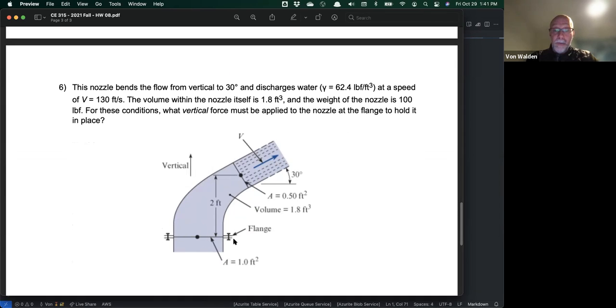If this is surface 1 and this is surface 2, this is atmospheric. It's a free jet at this point. So this will be at 0 gauge, but this one will have a force in the vertical direction, going upward from the bottom, of P1A1.